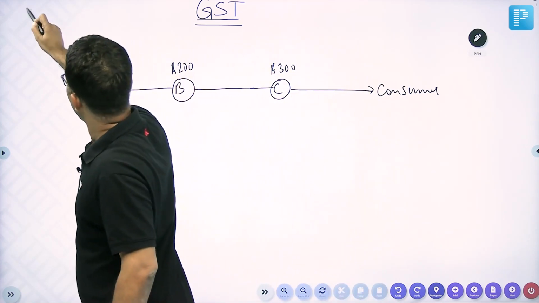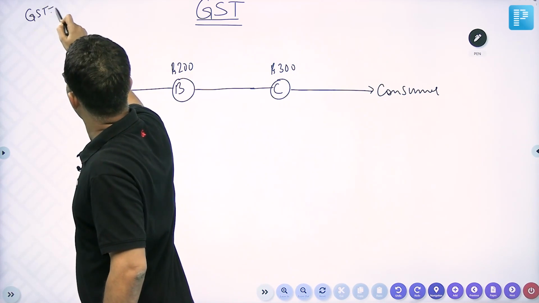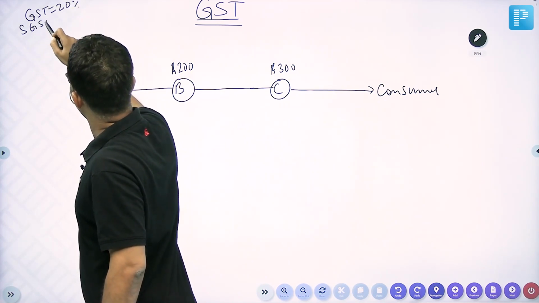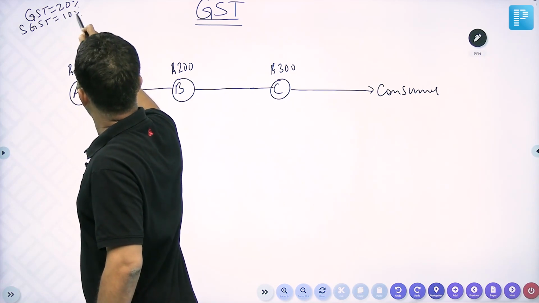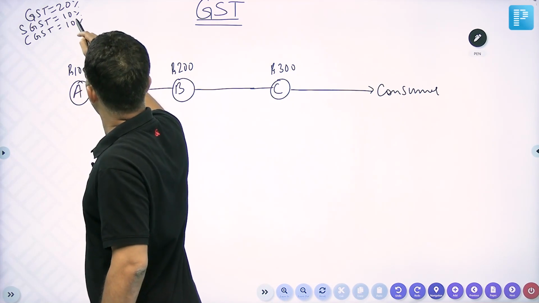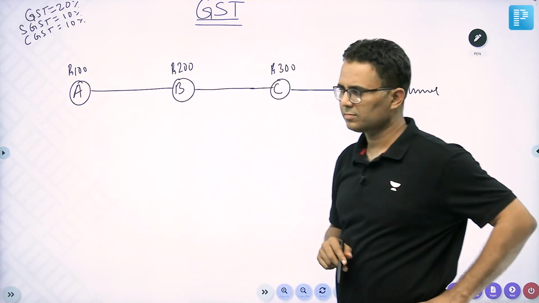And the GST rate is, let's say, 20%: SGST 10%, CGST 10%.